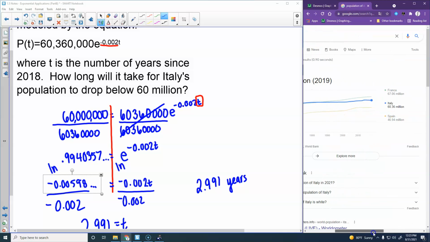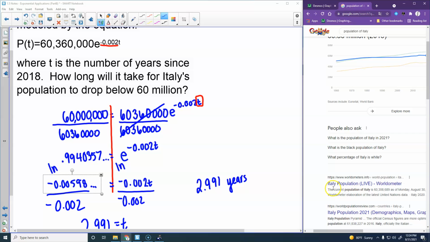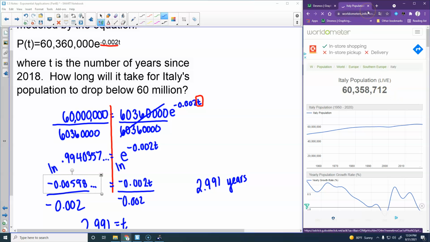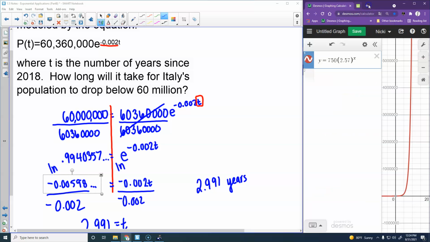That's what I used. I don't know how accurate this is. Doesn't look like things are changing much. I don't know if those are accurate though, because this says live, but they also have a Circle K gas station ad up here at the top, so I'm not sure how accurate that is.